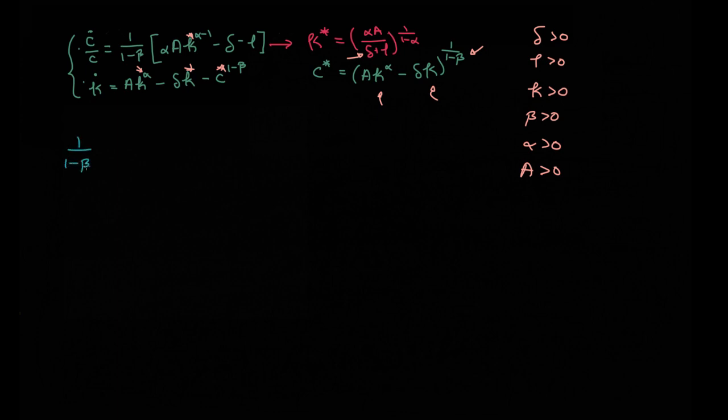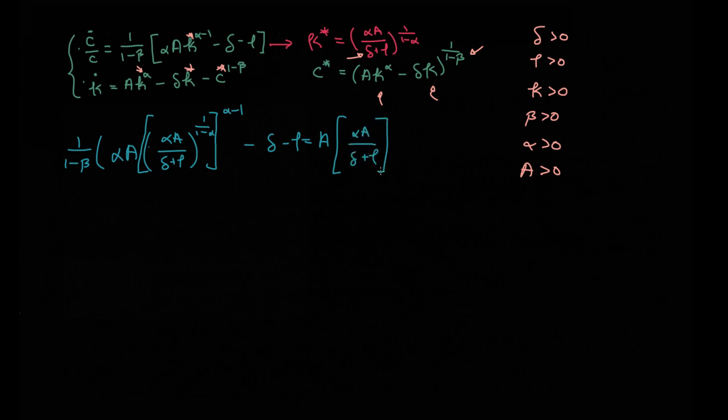You'd have 1 over 1 minus beta times the quantity A alpha, and then K star, which is alpha A over delta plus rho to the 1 over 1 minus alpha, and then that is itself to the power alpha minus 1, minus delta minus rho, is equal to alpha times alpha A over delta plus rho to the 1 over 1 minus alpha minus delta times alpha A over delta plus rho to the 1 over 1 minus alpha.